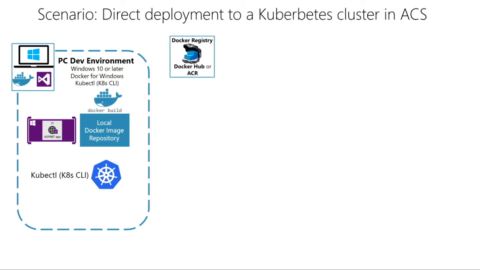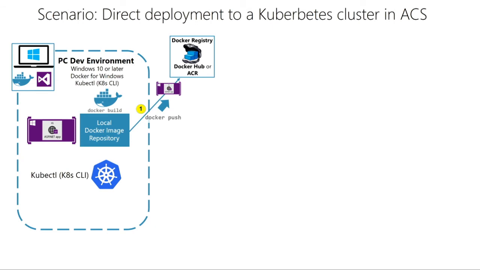About the images, it would be exactly the same. So we will have the container images that we need to deploy in the Docker registry, Docker Hub or Azure Container Registry. I would do a Docker push if I do it locally from my development machine, or I would do a Docker push from the build pipeline in VSTS. The point is that you need to have those images in the Docker registry.